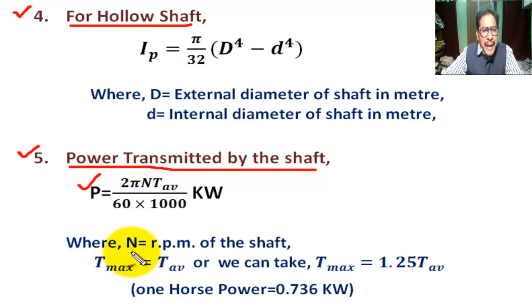Here n equals RPM of the shaft, revolution per minute of the shaft.